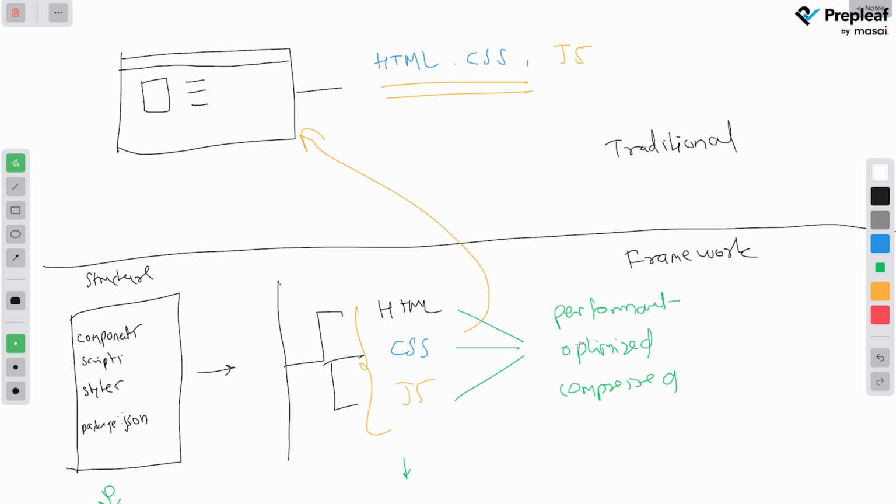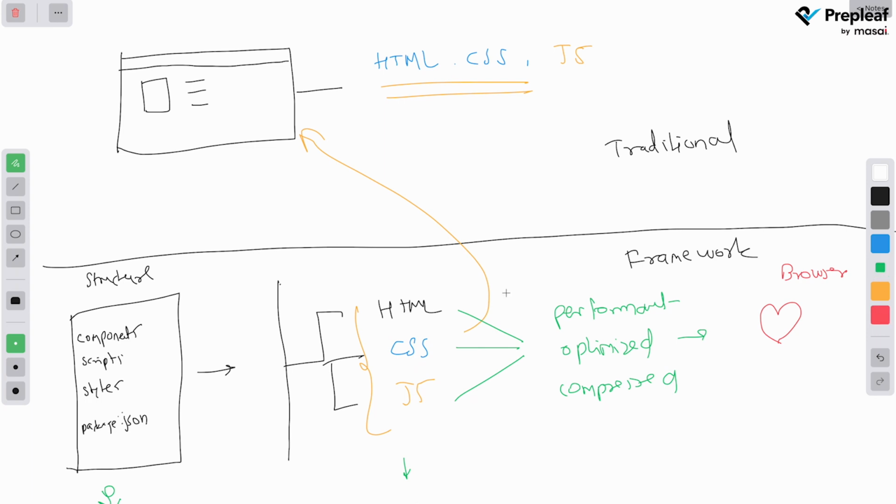And if that is happening, that basically means it is lightweight code, and the browser will really love light code. And finally your browser will be happy. Okay, so this is your browser. It is getting optimized code which is browser friendly.